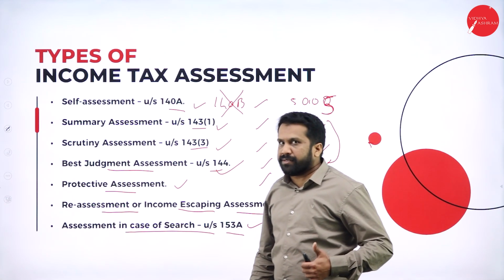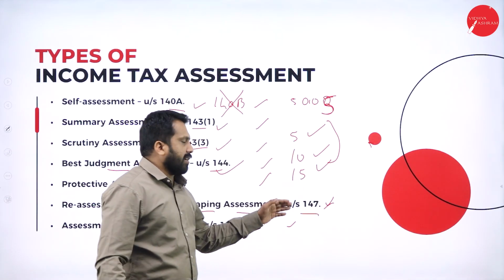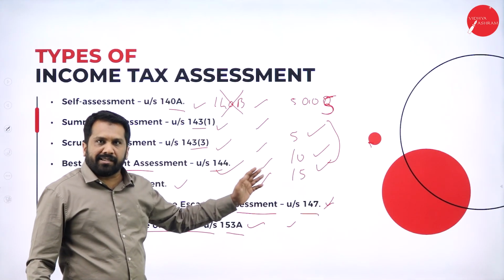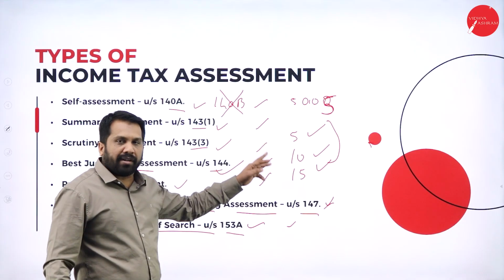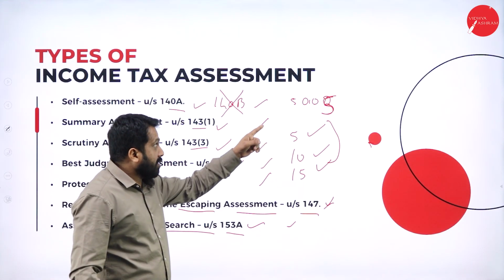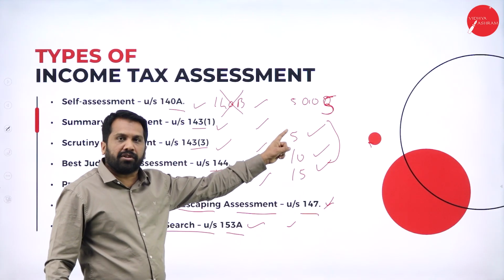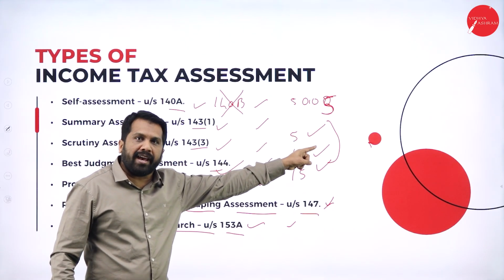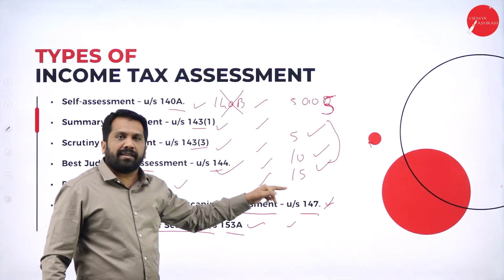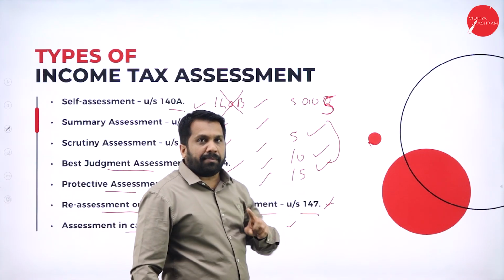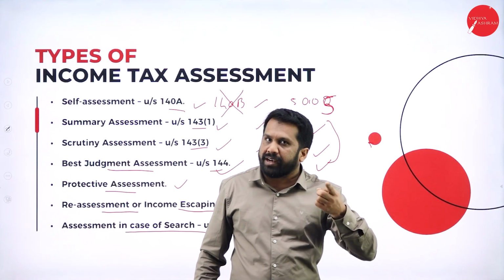Now tell me what happens. All your answers are correct? Yes. Your final answer is correct? Yes. You are supposed to get full marks? Correct. What is your register number? Instead of 5002, you have written register number 5005. Will you get 100% marks? No. The marks will go to 5005.